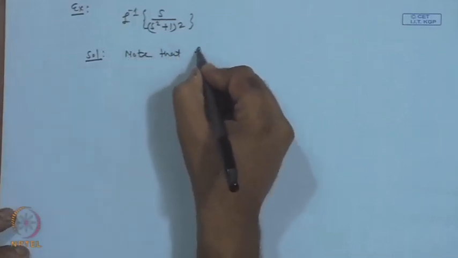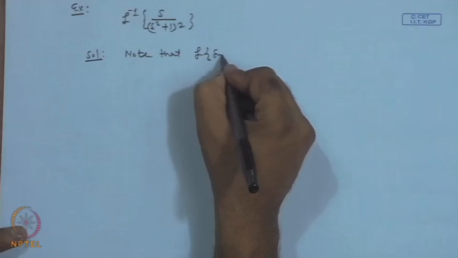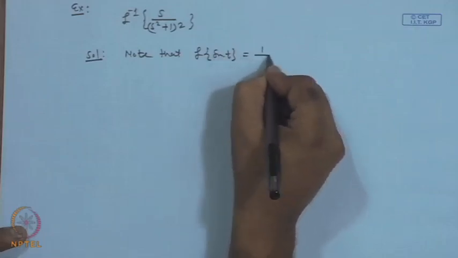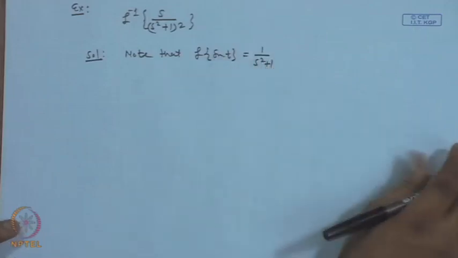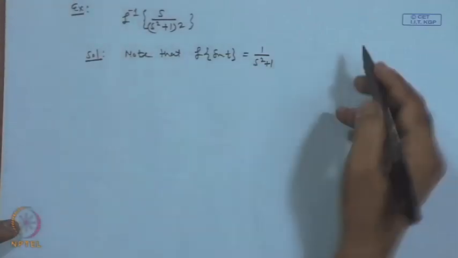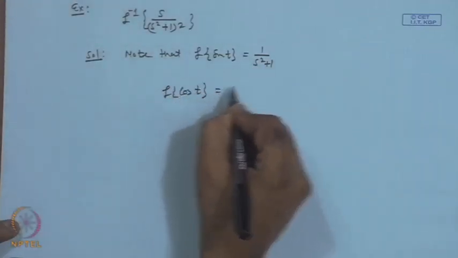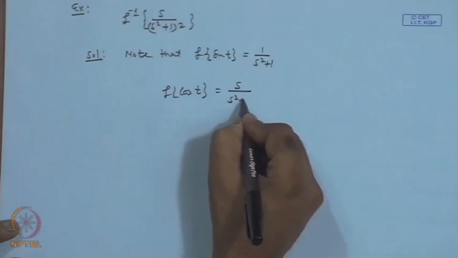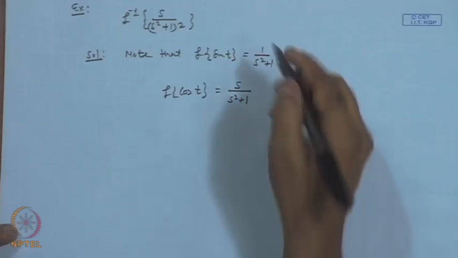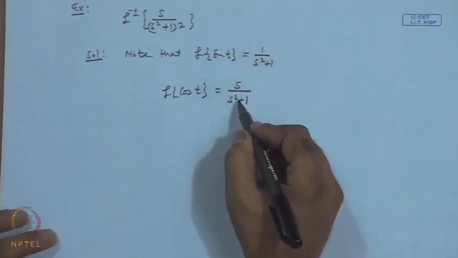Note that the Laplace of sin t, we know that this is 1 over s square plus 1, and we also know that the Laplace of cos t is s over s square plus 1.